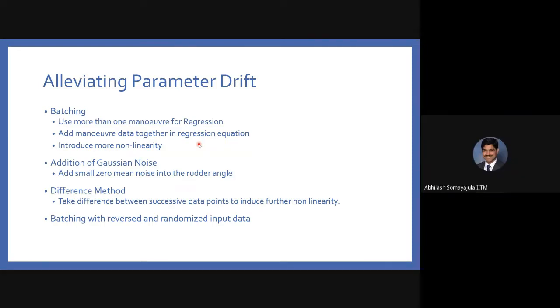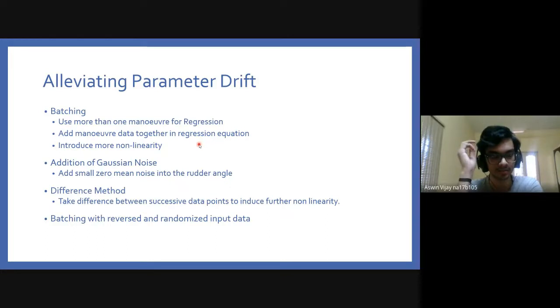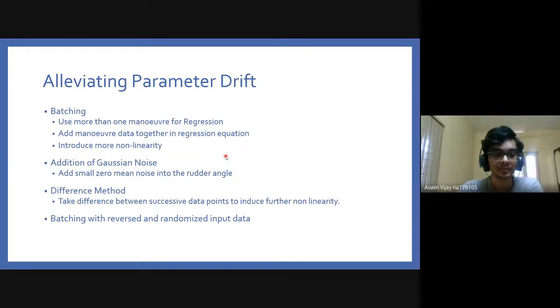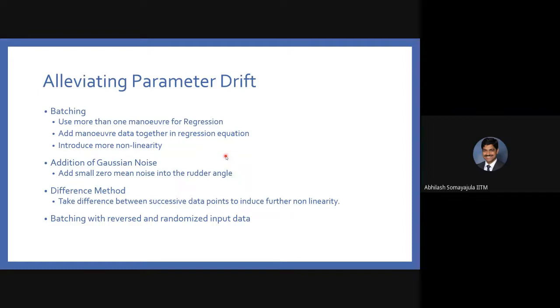Yes, for search, the difference method is not working, especially in the turning circle, because everything is constant after some time. Everything will reach steady state, so there will be nothing, it'll all become zeros. But in a zigzag maneuver, it might make some sense.